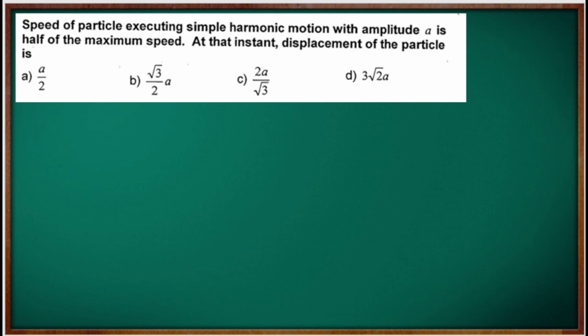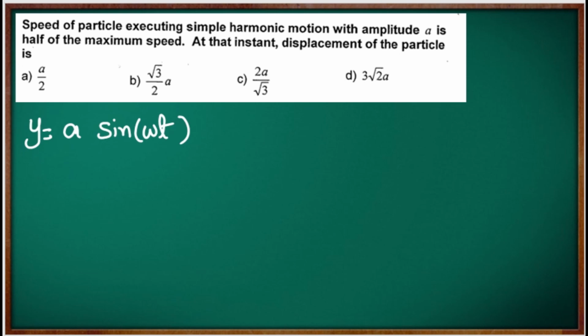The displacement of a particle executing simple harmonic motion is given by y equals a sin omega t, where a is amplitude, y is displacement at any instant, omega is natural frequency and t is time.